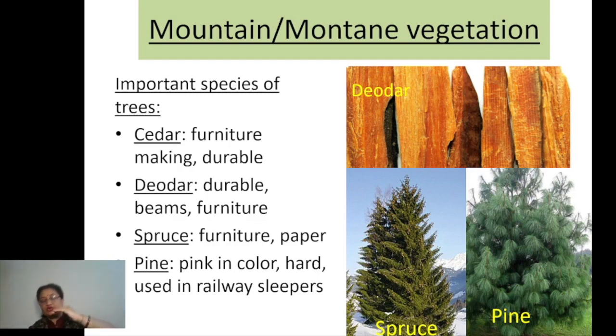When we cross that height, 3000 meters or so, we start getting this type of vegetation. Now it includes cedar, deodar, spruce, pine, larch. These are the main species which are found in such conditions.